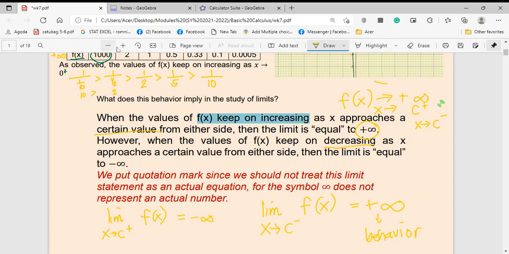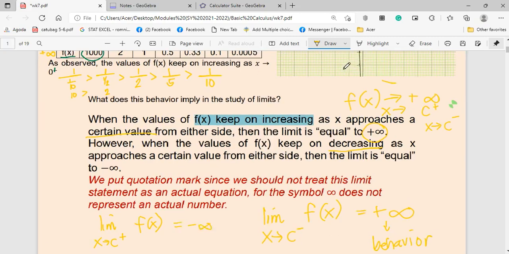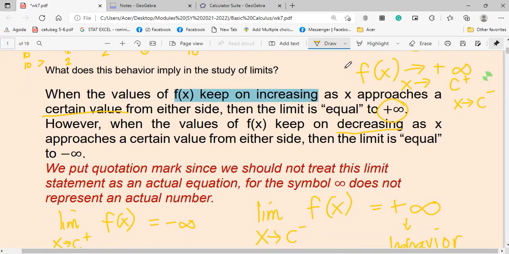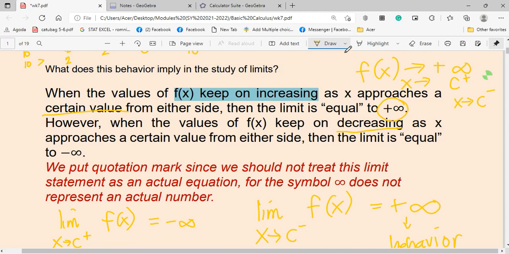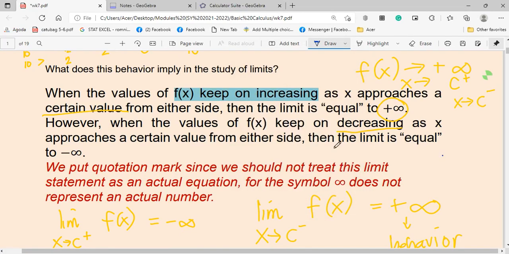Okay, now why do we use the equal sign? Okay, take note, my reference here is Rex Bookstore Basic Calculus, and that is authored by halimaw siya sa math, summa cum laude of BS Mathematics of UP Diliman.